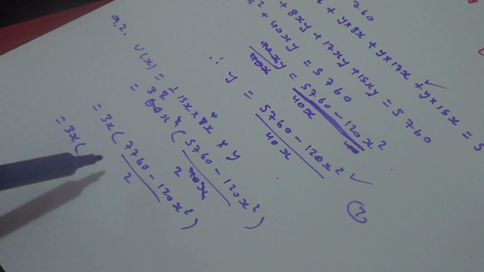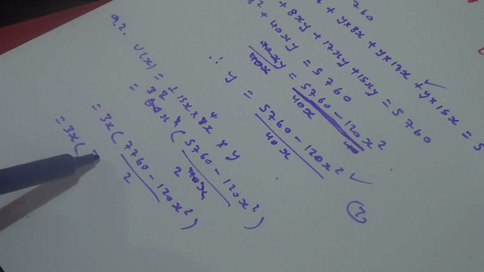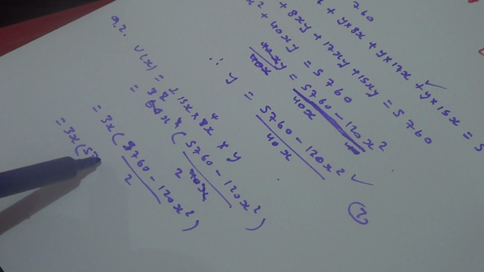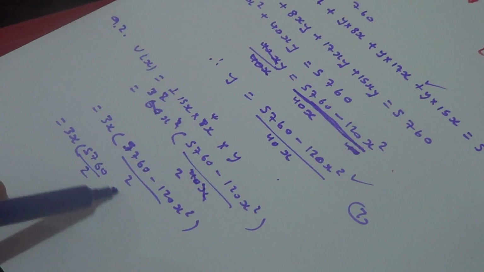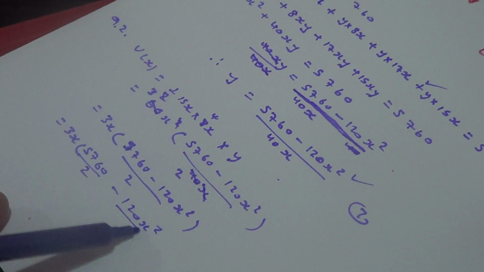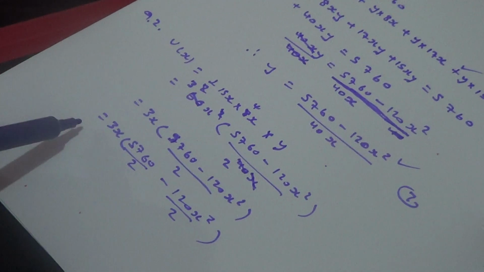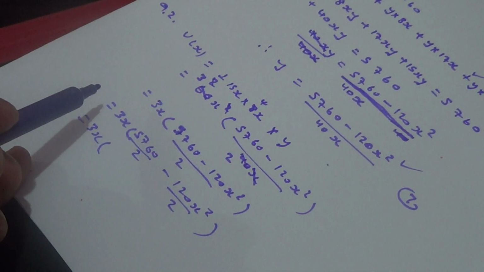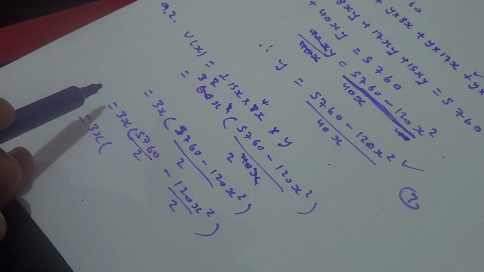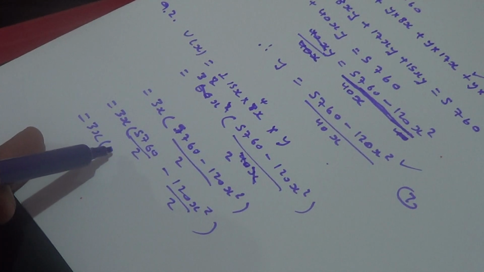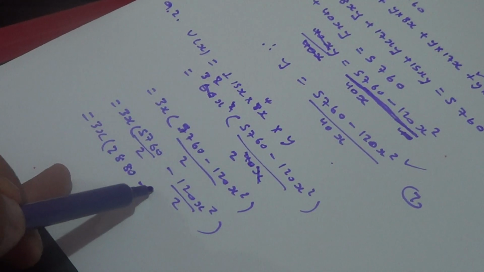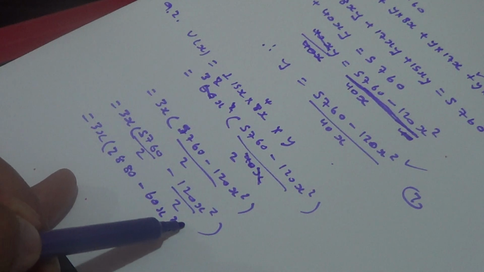We have 3x into 5,760 over 2 minus 120x squared over 2. So you just have to work your magic here. And then this is 3x into, let's solve what is in there now. 5,760 divided by 2 is 2,880 minus 120 by 2, which is 60x squared.